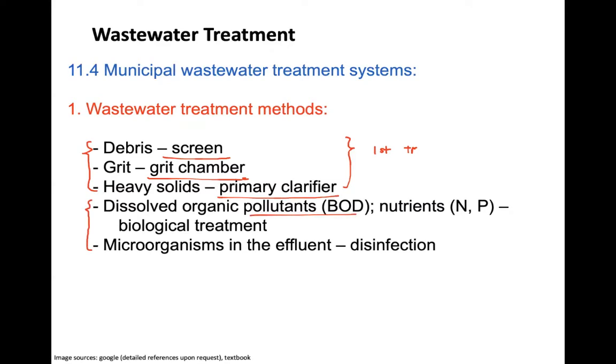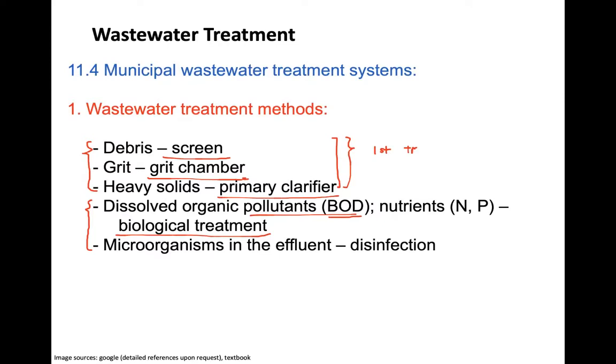So if you consider here, we're just using the physical methods, right? So it's either blocking them or letting them settle down. But in terms of the chemicals, we didn't deal with the BOD at all, right? So because of that, we have to use the aerated chamber or the biological treatment. So basically to send in these aerobic bacteria to let them do the aerobic reaction, right?